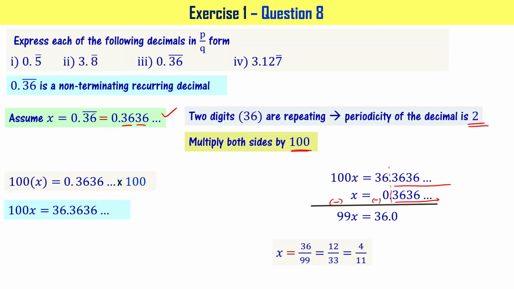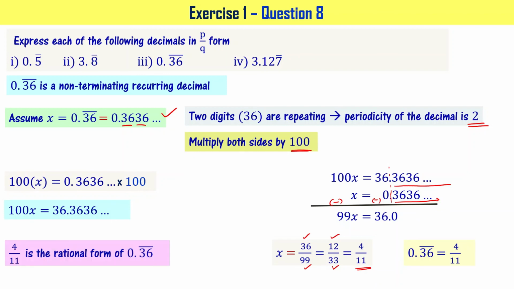So 3 is the common factor between 36 and 99. So that is going to be 12 by 33. Here, look at this. 3 is again a common factor, right? 4 times 3 and 11 times 3. So let me write it as 4 by 11. So to answer the question, 0.36 with overbar on 36 equal to 4 by 11. So 4 by 11 is the rational form for 0.36, 36, 36, 36 and so on.